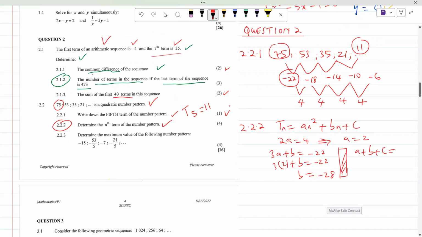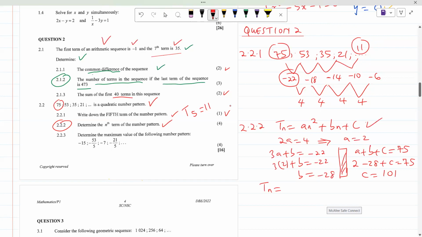So a plus b plus c is 75, which means 2 minus 28 plus c equals 75, which means c is equal to what? We move it across the equal sign, and then we're able to see that c is 101.